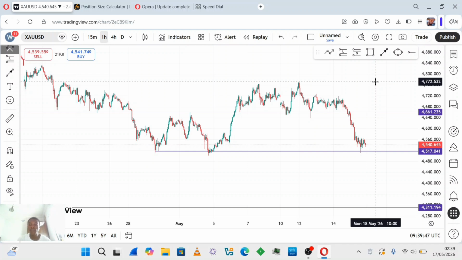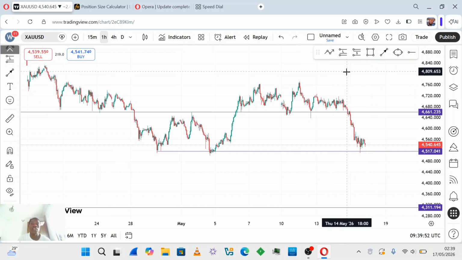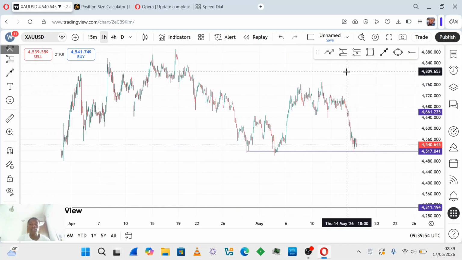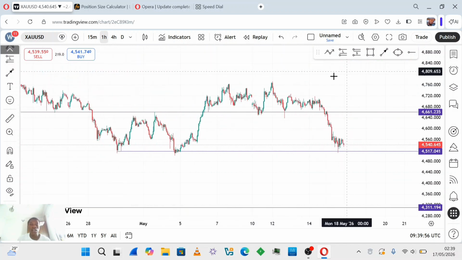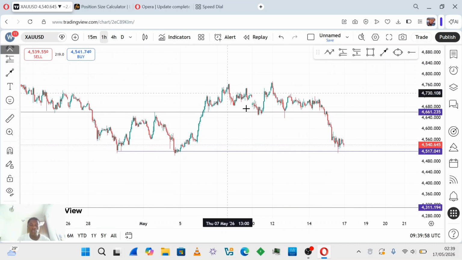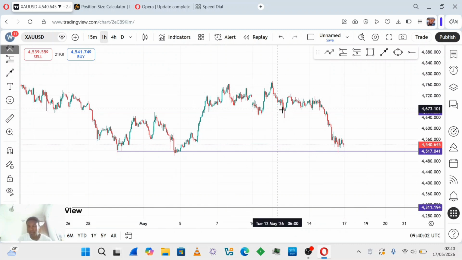That's why it's very important to mark a good support and resistance in the market. Now this level here is the level. After the whole retracement, price has changed from buying to selling. Now this is the level of buyers.